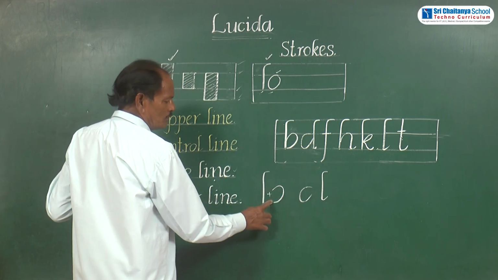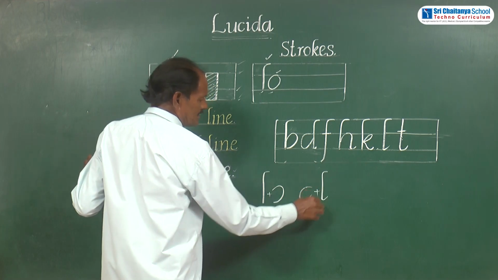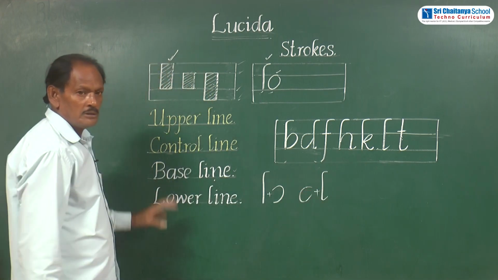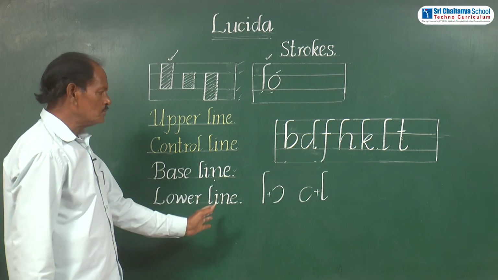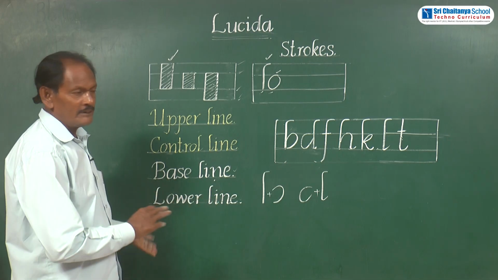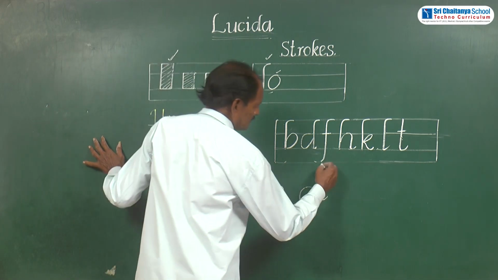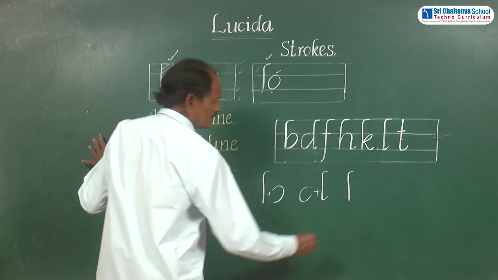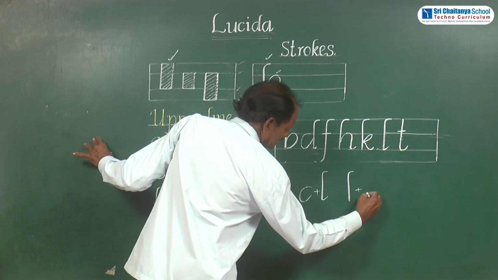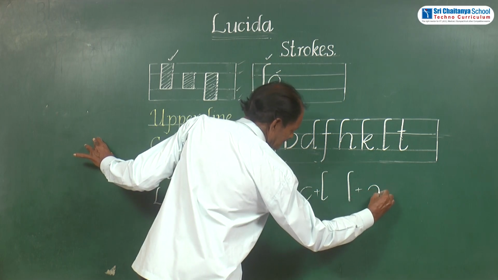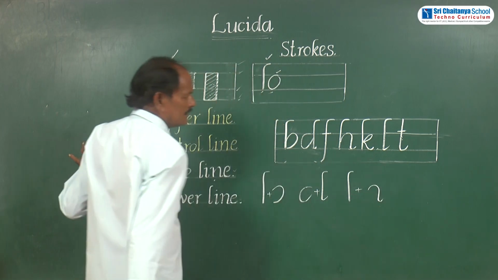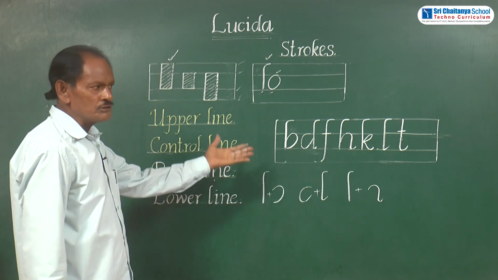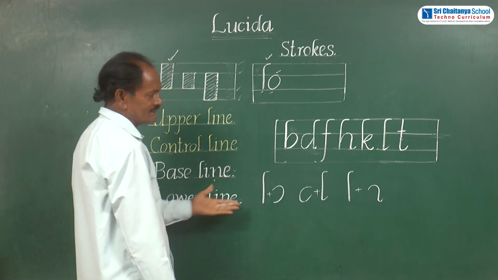Upper zone stroke plus vowel shape and vowel shape plus upper zone stroke. These two are different. Next, H. First is the upper zone stroke, the second one is an oval shape like this. In our handwriting copybook, all these strokes were given like this.